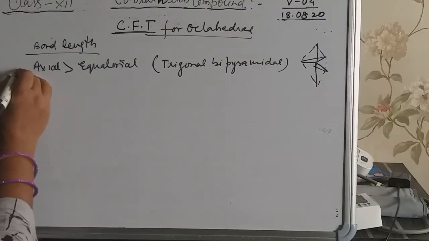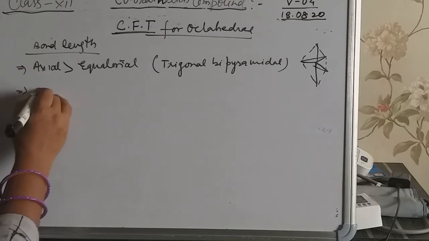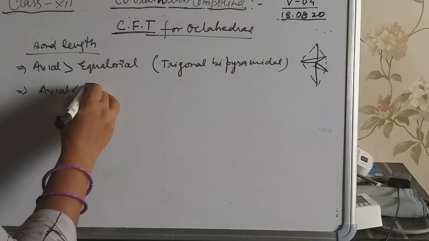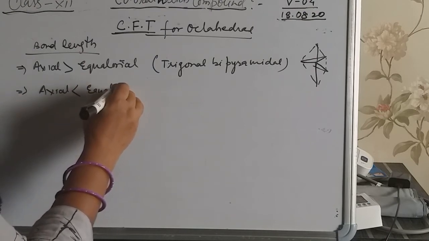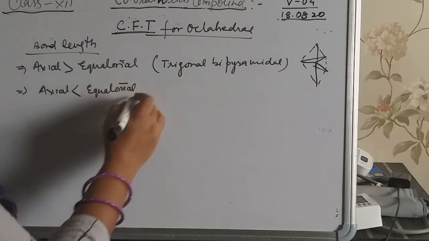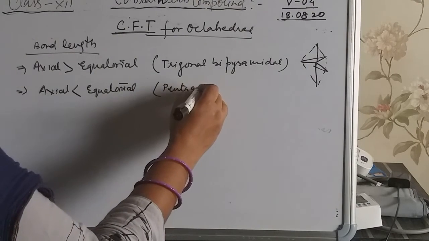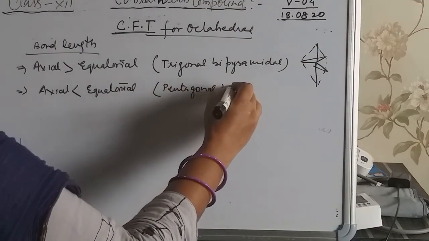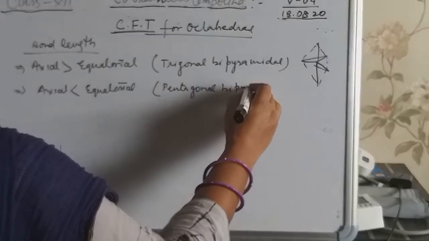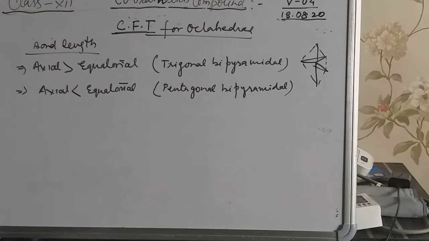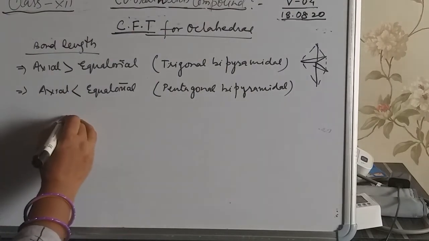Next one is, if axial bond length is less than equatorial, the complex will be pentagonal bipyramidal. Like this.